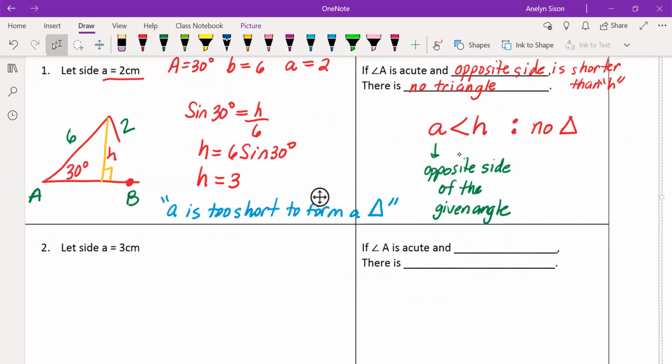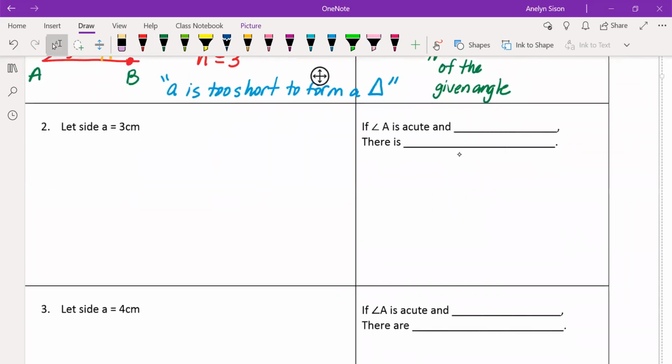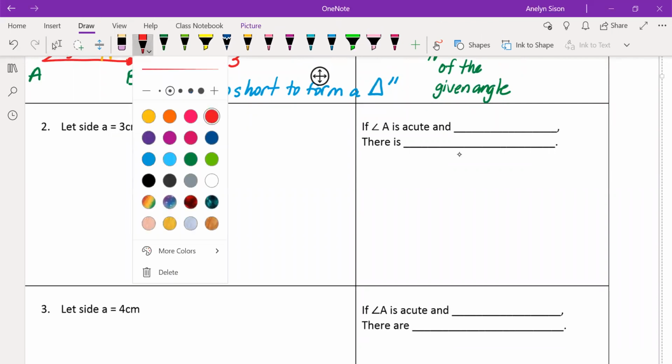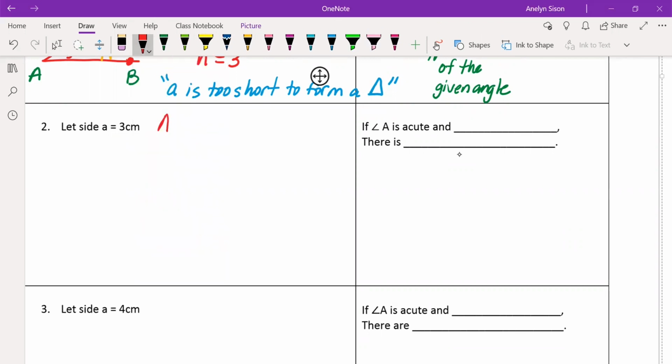The next one, again, we're given the same numbers here. A is 30 degrees again, B is still 6, and this time a is 3. So we draw a triangle.